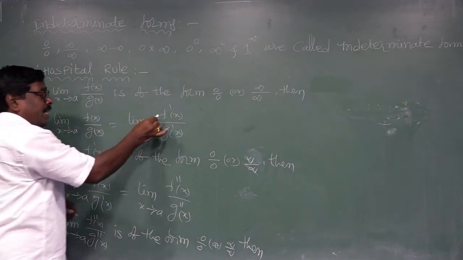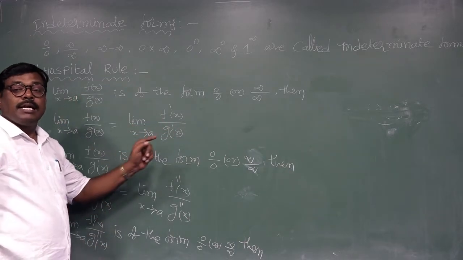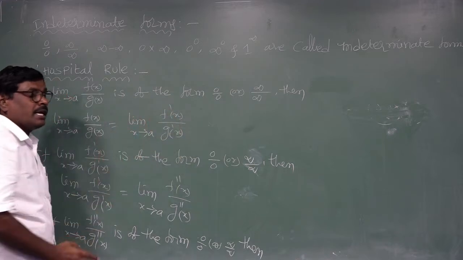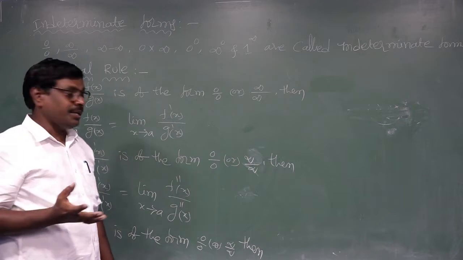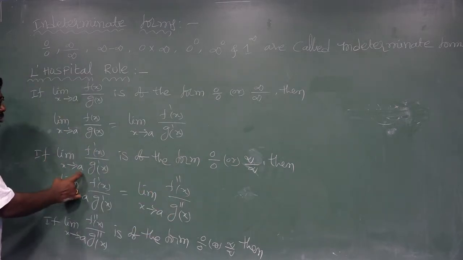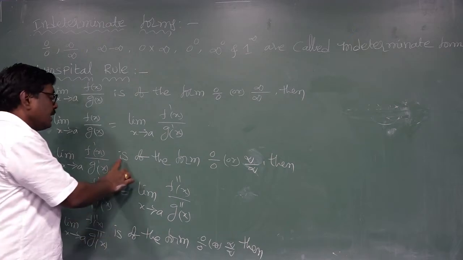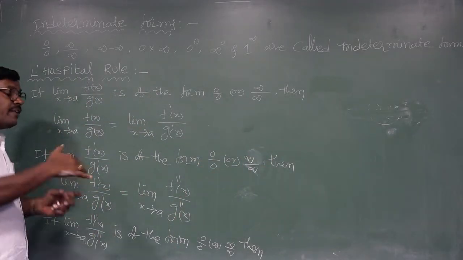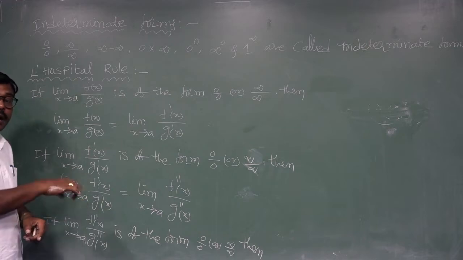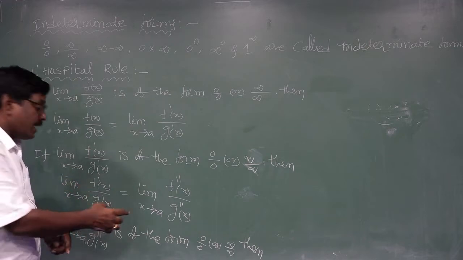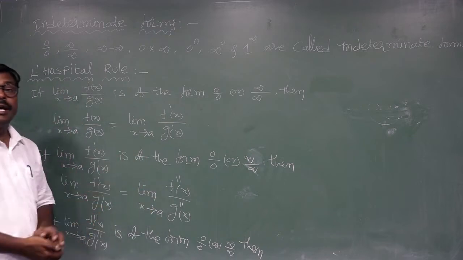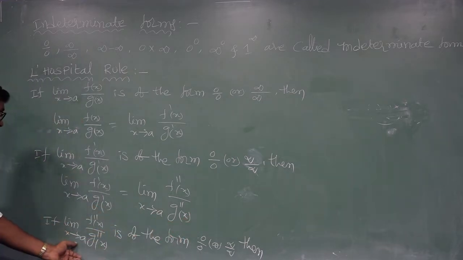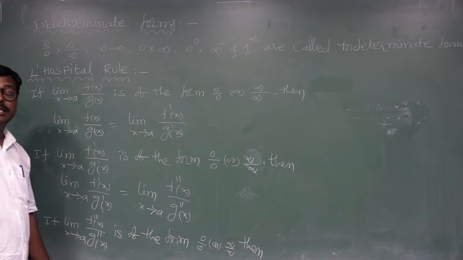Again, for limit x tends to A of f dash x by g dash x, substitute; if it is again 0 by 0 or infinity by infinity, then again take the derivative, the second derivative: limit x tends to A of f double dash x by g double dash x.